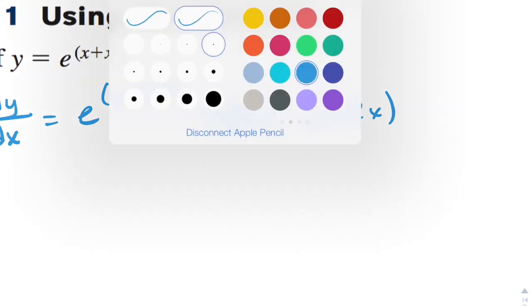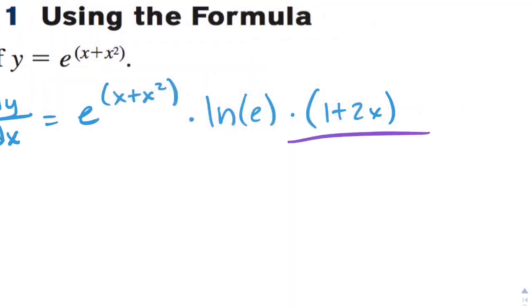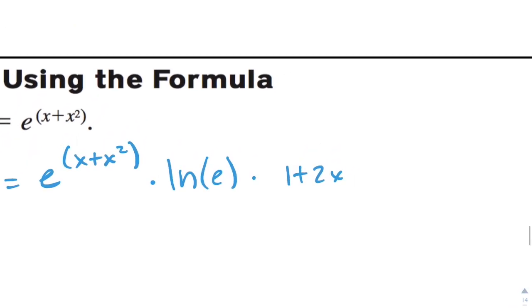It is crucial that you use parentheses right here, because you're indicating multiplication. You are multiplying by everything, both the 1 and the 2x. Without parentheses, it looks like you're only multiplying by the number 1 and then adding 2x to the end of it. So we want to make sure that those end up there.